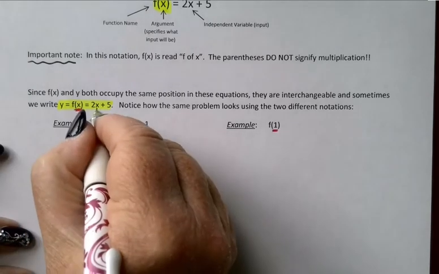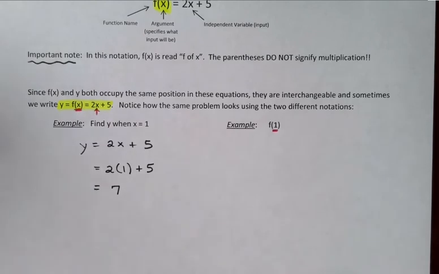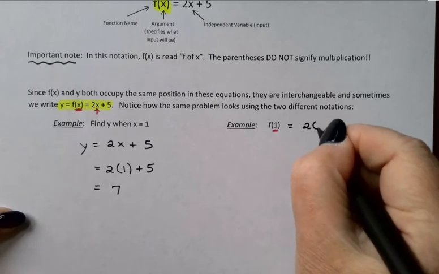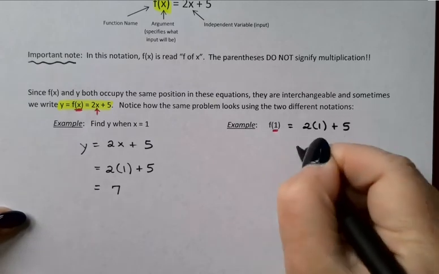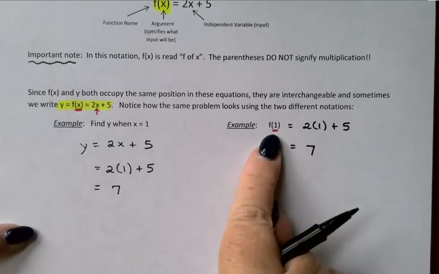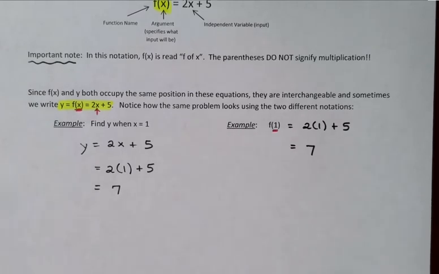That means when I get to the x on this side, I'm simply going to replace it with a 1. And of course, we're going to end up with the same answer, 7 again. But really convenient notation when we're trying to say, hey, plug in a value for the independent variable. Let's practice that a little bit on the next page.